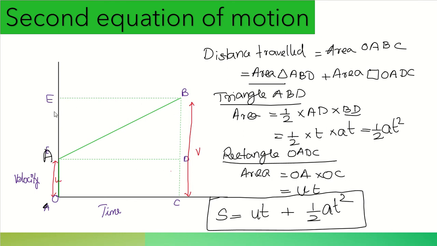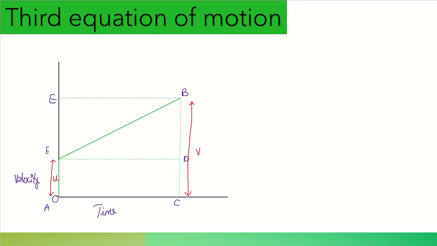Here, I'll give you a trick to derive the third equation of motion. We are going to use the same trick, that it's the area under the graph. But in the previous derivation, I divided this area into a triangle and a rectangle. Now in the third equation of motion, distance traveled is equal to the area under the graph, right?